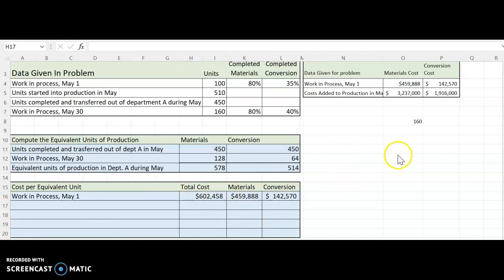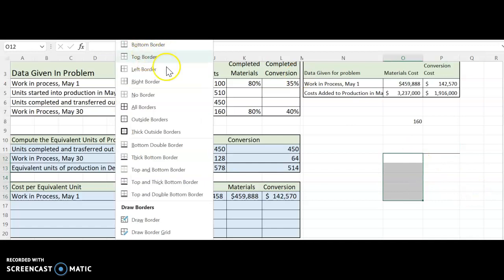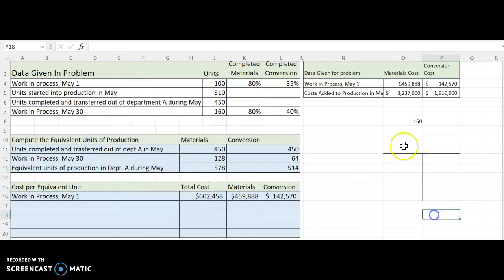Okay, so if you had a T account, just to show you, and this is work in process. So that's inventory, which is an asset. So your beginning balance would be the 602,458.